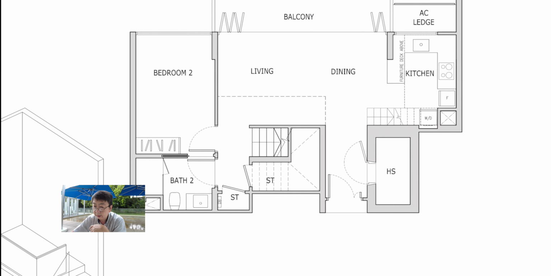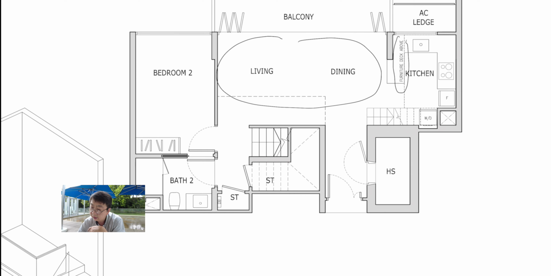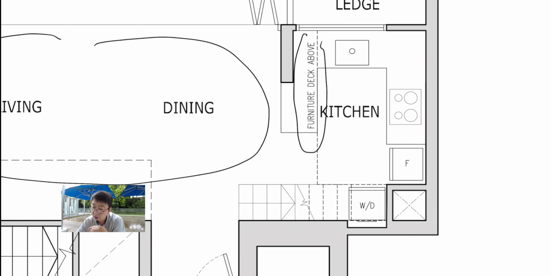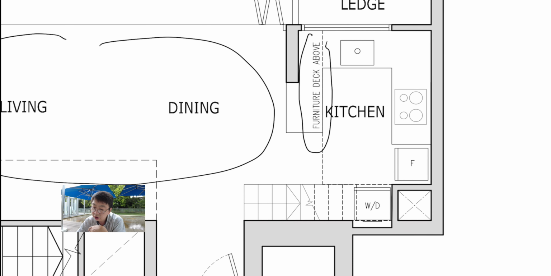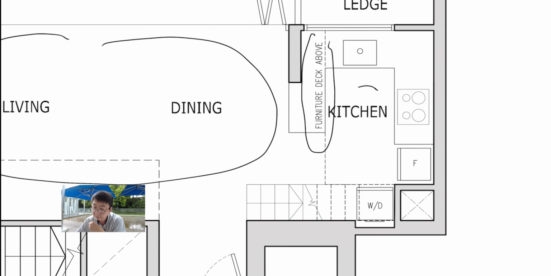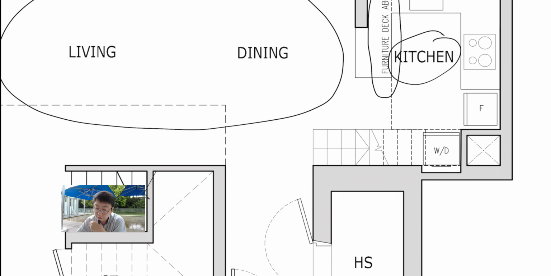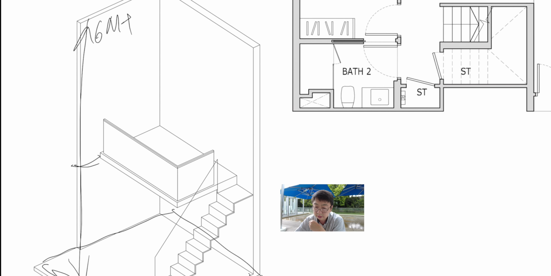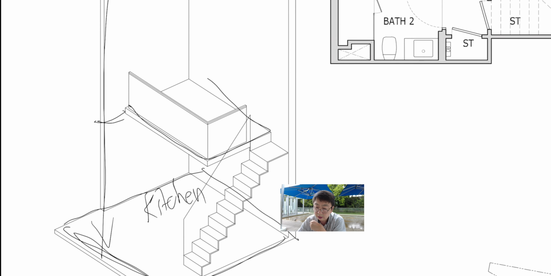You can see this is a living and dining, and over here there's this dotted line, furniture deck above the kitchen. Referring back to this diagram, here will be the kitchen, and this will be the loft itself.